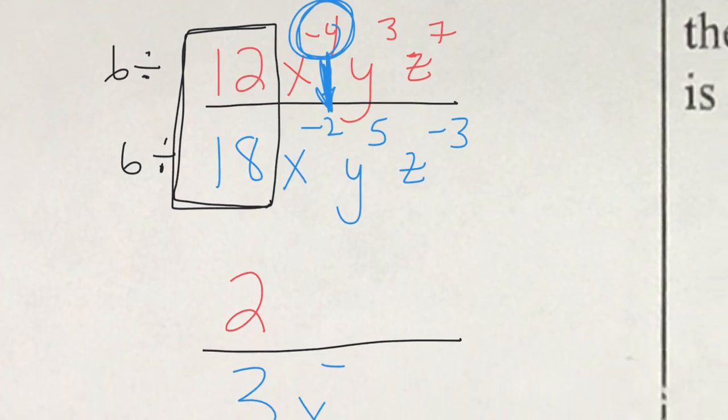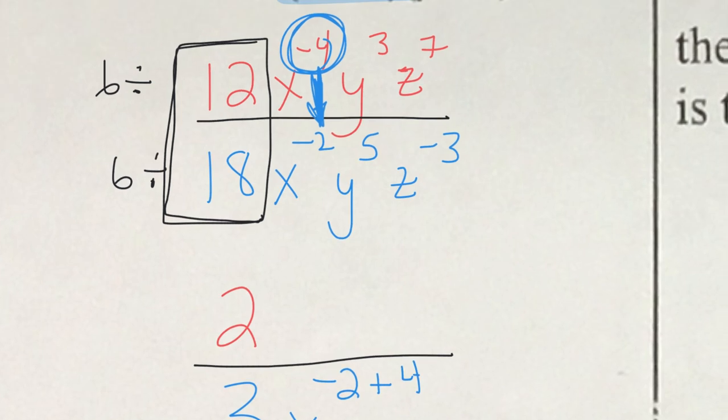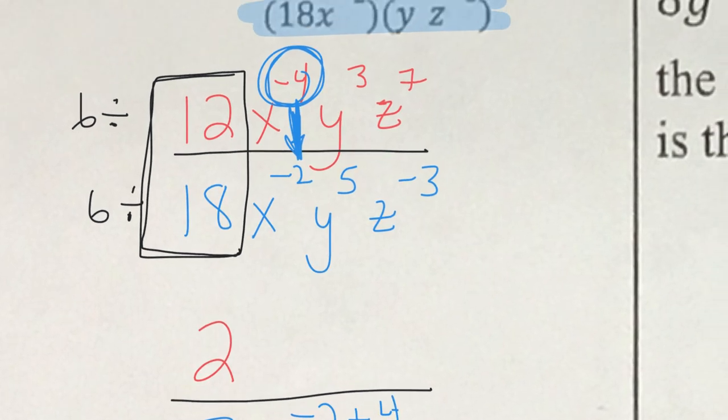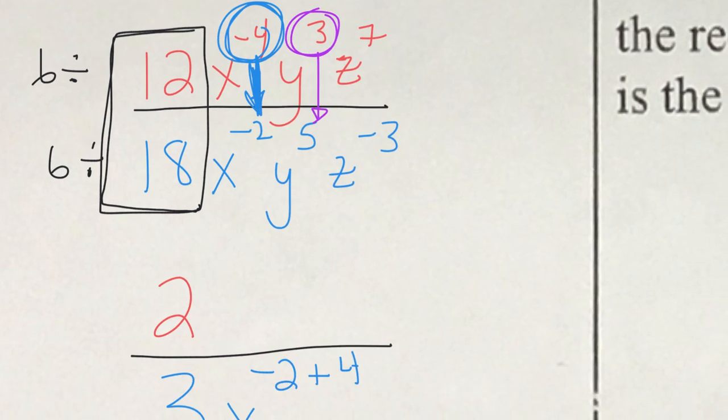So this is x to the -2 plus 4 because you change the sign from a negative on top to a plus on the bottom. Okay, which is our larger y value? I believe 5 is, so we're going to take our 3 from the top and move it to the bottom with your y. So it's 5 minus 3.